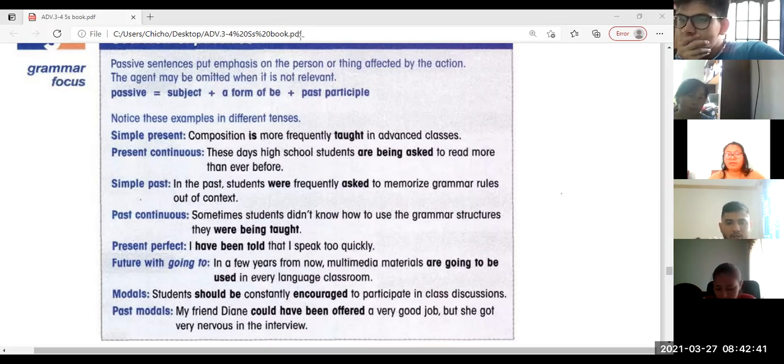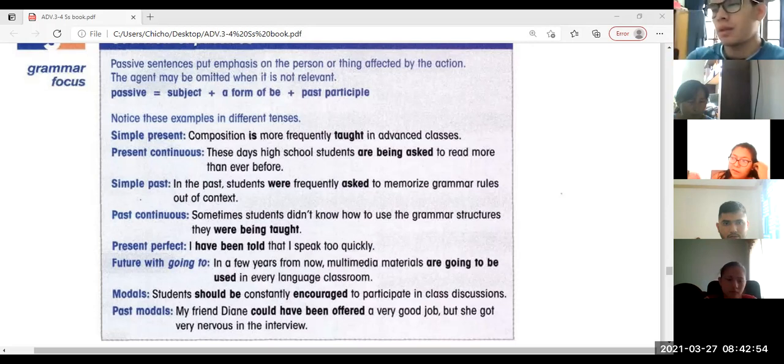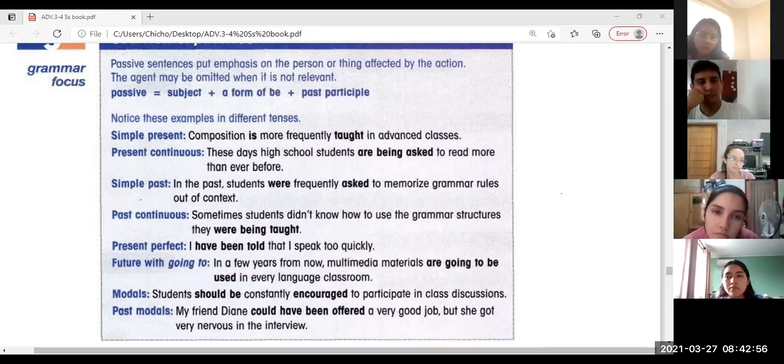Present perfect. I have been told that I speak too quickly. Thank you. The next one, please, Melissa. Future with going to.